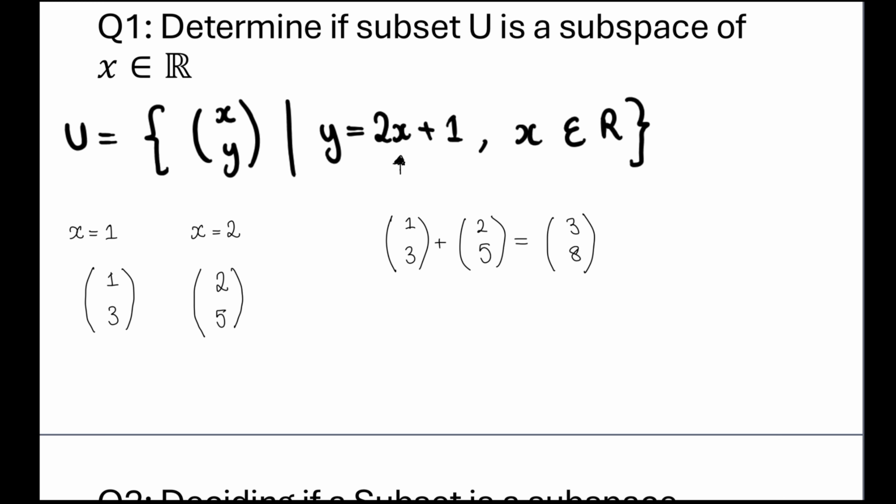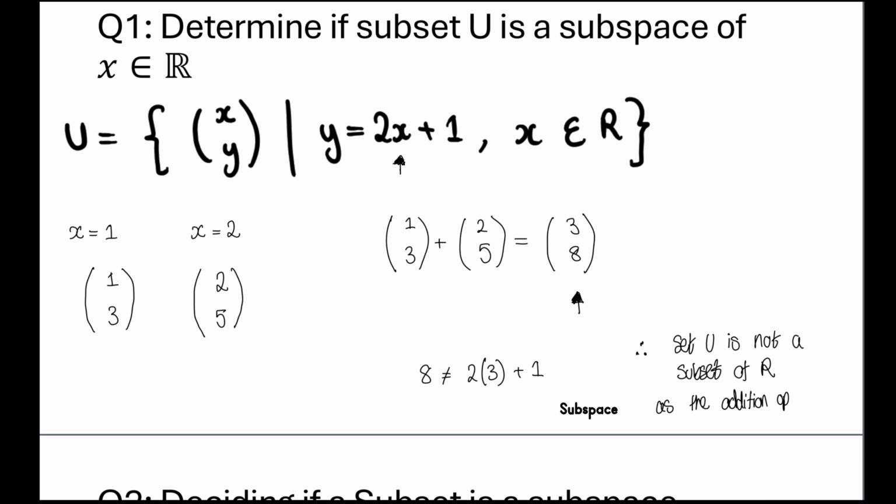If we sub this vector into here, we get 8 is equal to 2 multiplied by 3 plus 1, which clearly isn't true because 8 is not equal to 7. We can clearly show that the set U is not a subspace of R² as the addition operation is not met.